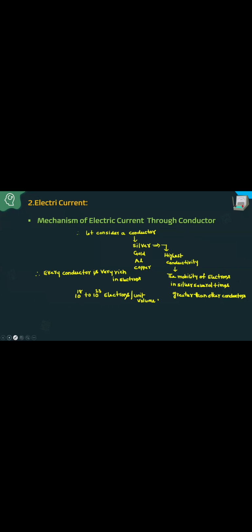Let L equal the length of the conductor. Very important formulas we have to derive. A is the cross-sectional area of the conductor.